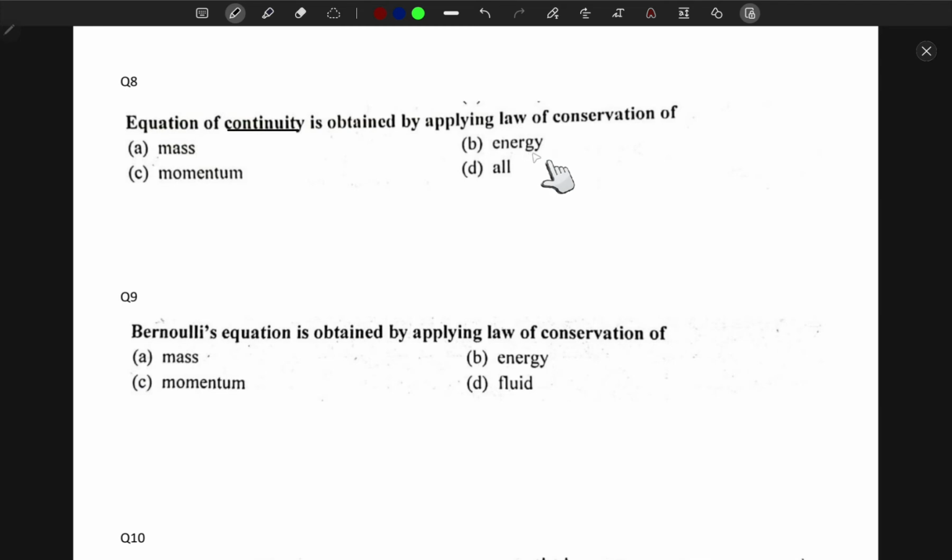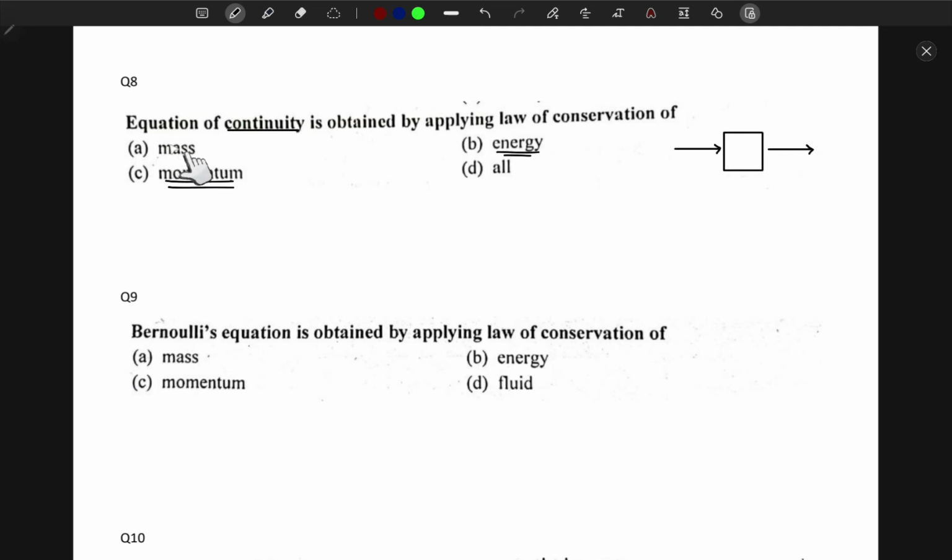But remember, continuity basically describes, again, if I draw something like this, how much of something is going in and then how much of something is coming out. So whatever amount goes in has to come out. Now, energy and momentum do not really specify such a quantity. We have mass.